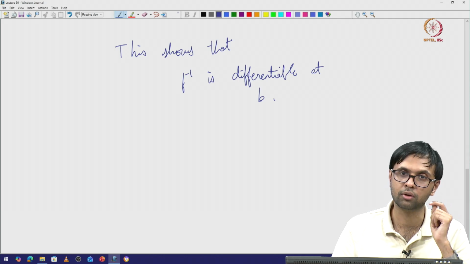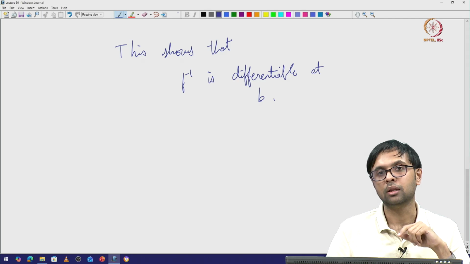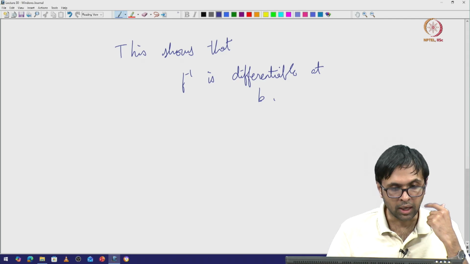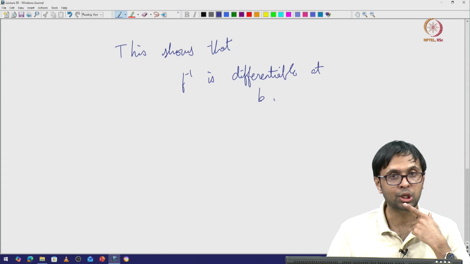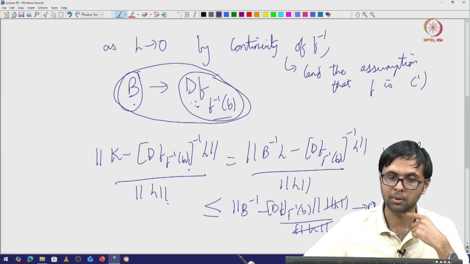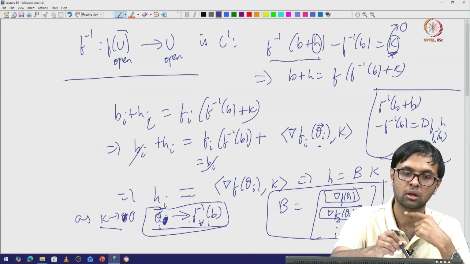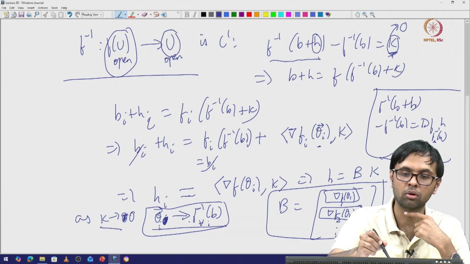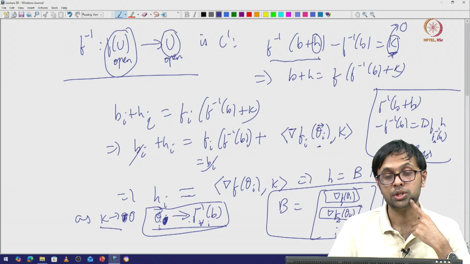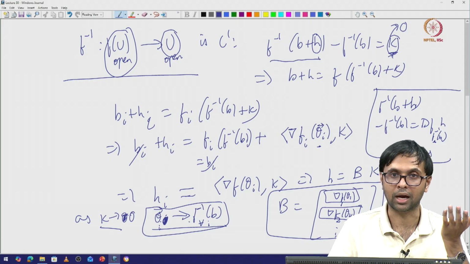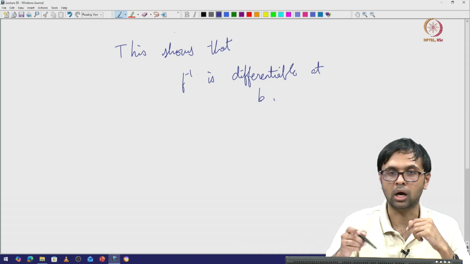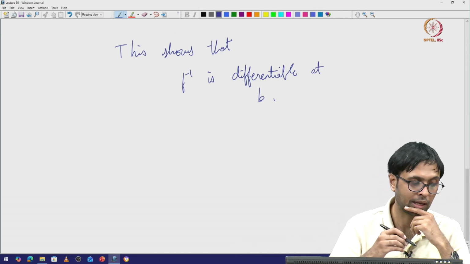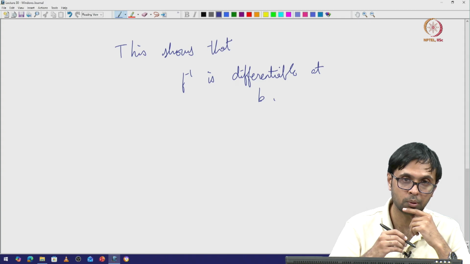We have chosen the domain for F inverse so cleverly that the derivative of F is an invertible matrix throughout U, right? Remember, what was the domain for F inverse? It was this. Now, on U, the derivative of F was chosen to be an invertible matrix. That's how small we chose U to be.